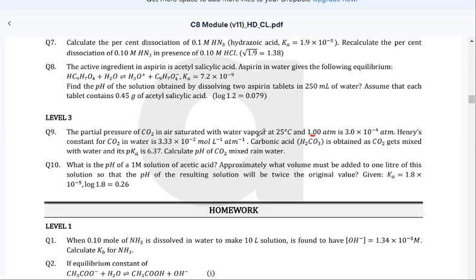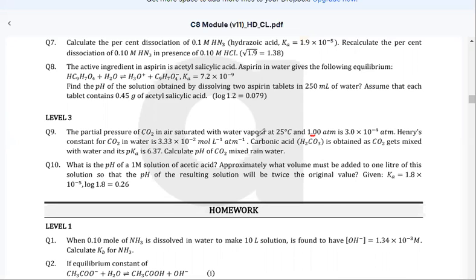Can you find the concentration? Tell me yes or no. Using formula, partial pressure is equal to Kh into concentration, or concentration is equal to Kh into partial pressure, depending on the unit. Depending on the unit, which unit we are using, right? So here the unit is mole per liter per atm.